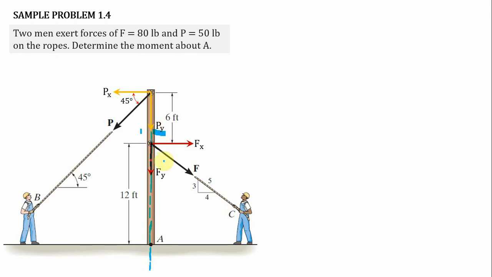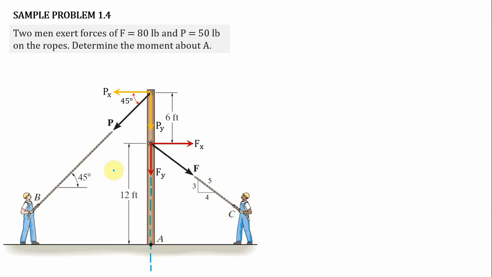Okay? How about yung Fy natin? Okay? Kung i-extend ko yung Fy, line of action ng Fy, ito yung line of action ng Fy. Okay? At titingnan natin is yung line of action ng Fy is mag-intersect at A. So therefore, there will be no moment produced ng Fy because nag-intersect.